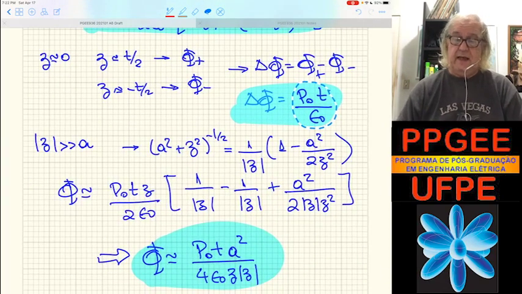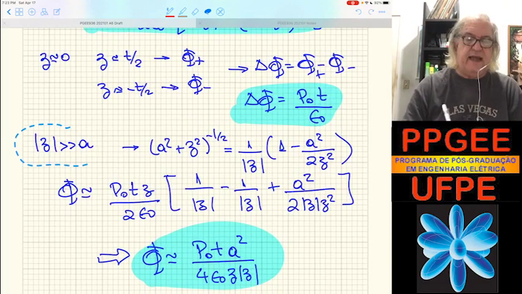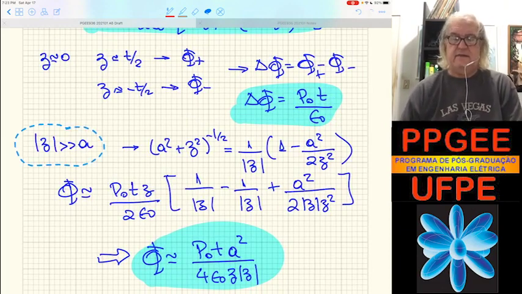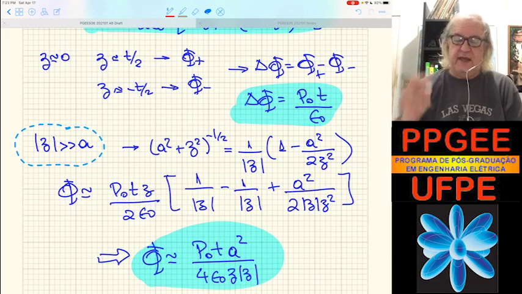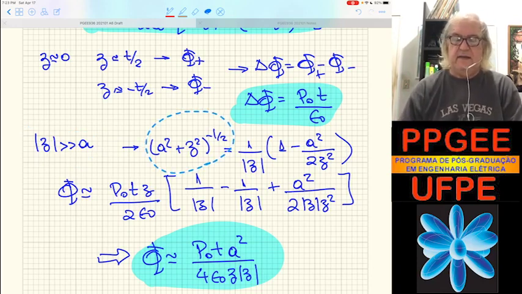Okay. So also we can do an asymptotic expansion. Let's assume z much larger than a. Again, we use a first order approximation. We can do that, right? So the zero order term is 1 over the square root of z squared, which is 1 over the magnitude of z.